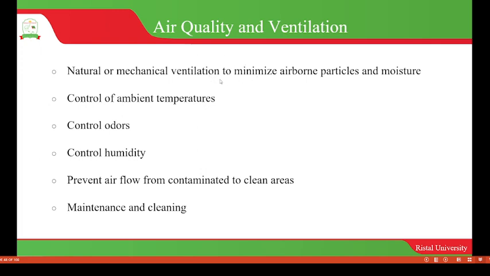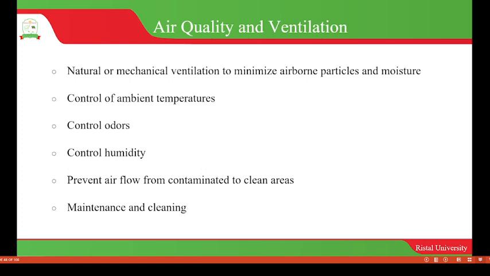And this also helps in control of ambient temperatures within the establishment. And air quality and ventilation also controls bad smells or odors in the establishment, and also helps to control the humidity in the establishment.